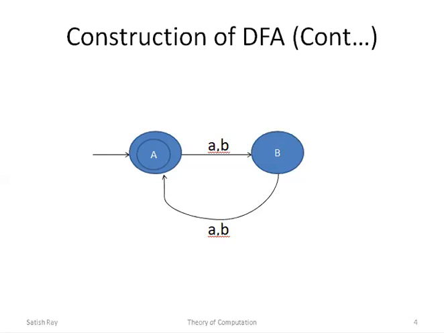Now again, if the length of the string is 3, then on input either A or B, the next state will be state B, which is non-final. So again, the string of length 3 will be rejected.